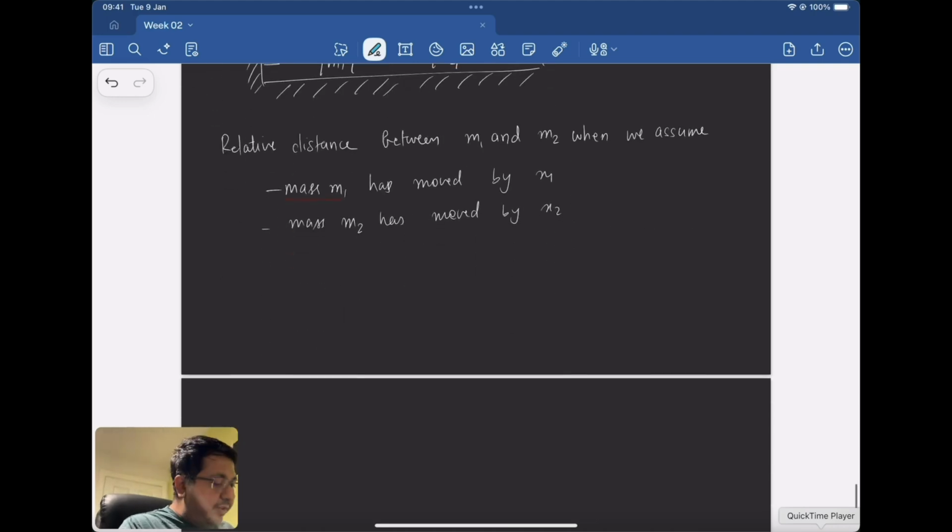Then the relative distance is nothing but x1 minus x2.